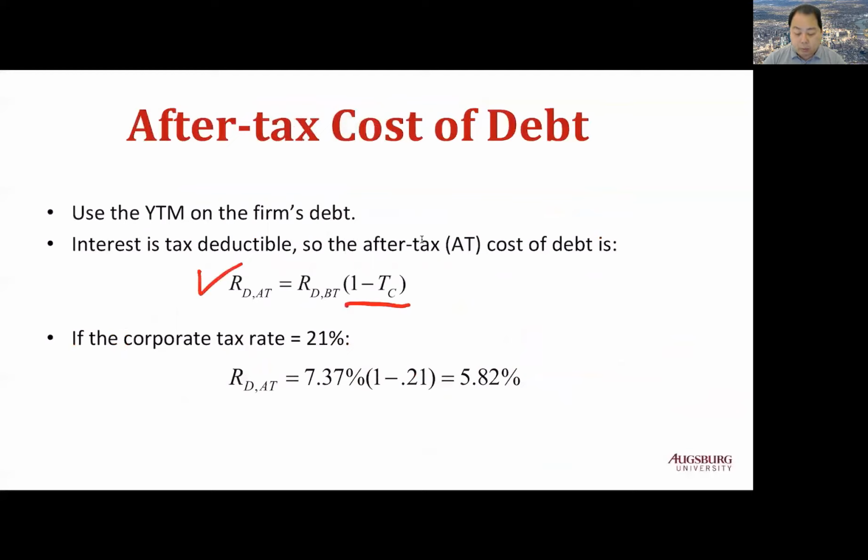If tax rate is 21%, after-tax cost of debt from our example is 7.37% before-tax cost of debt times 1 minus 21%, 5.82%.